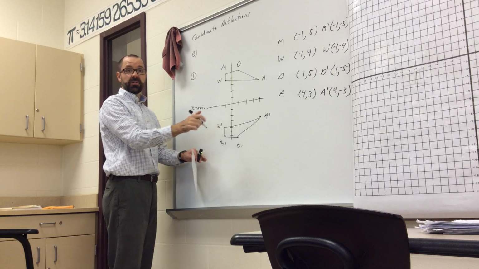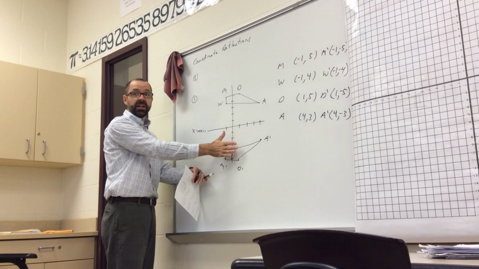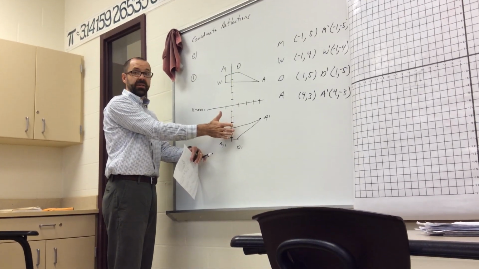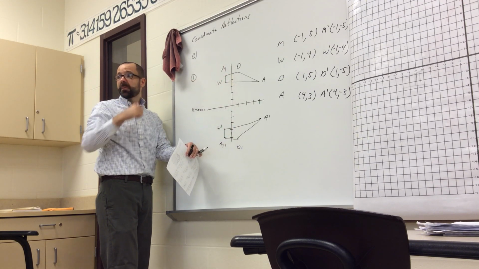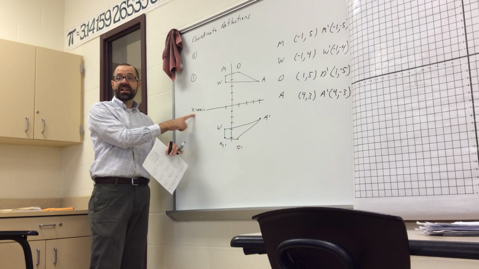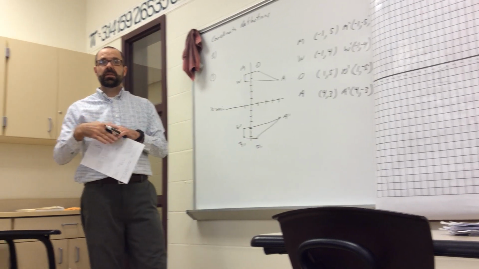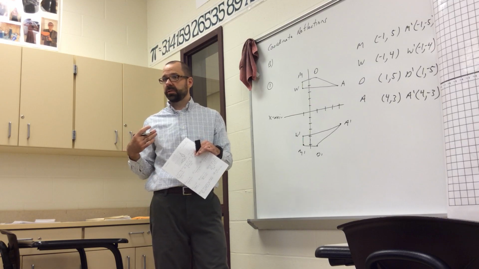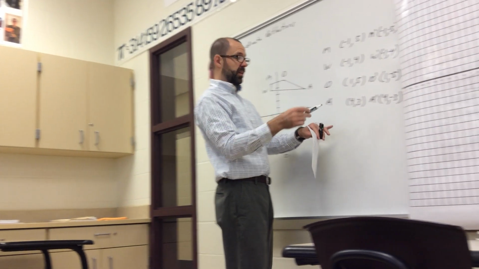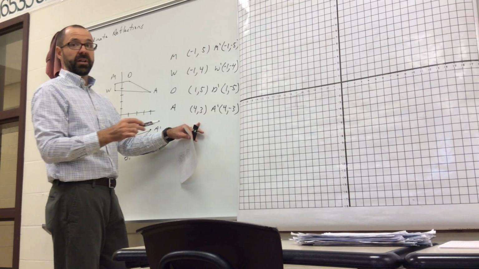And if we did it the other way, like if the original points were down here, the Y's would be negative, and then they would end up positive if we flipped them up to here. So when you do an x-axis reflection, the Y's are going to be the opposite of what they were. In this case, it was 3, so then it became -3.